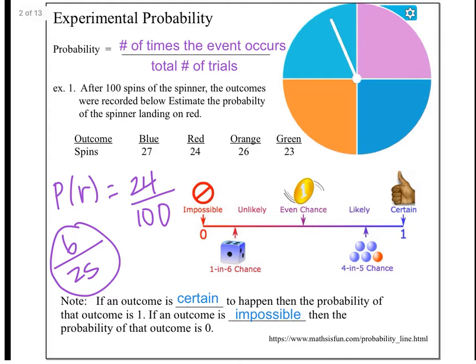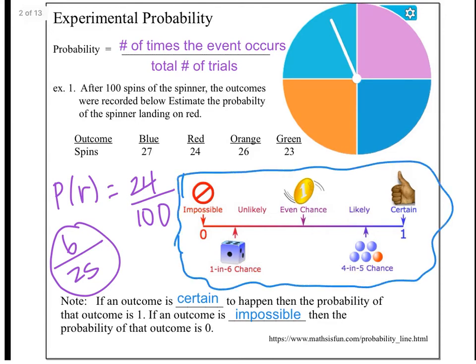So I want to give an example here. This is the different ways we can explain probability on this line here. So there are 4 words or phrases we usually use. The first one is that something is impossible. So if something is impossible, you can see it's down here, the outcome of that is 0.